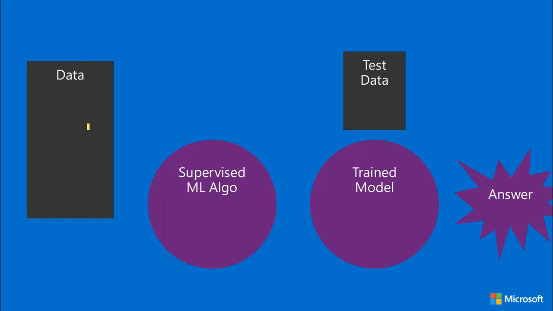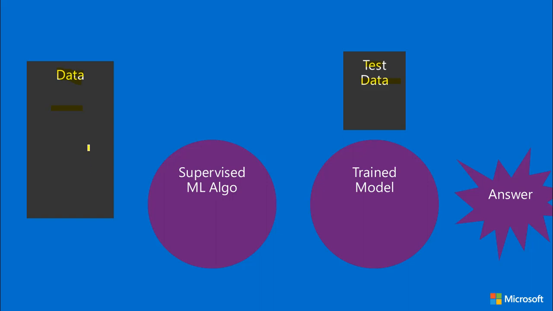Number one, the primary training data, and number two, the test data. We need both. This might be data for predicting the price of a car, or predicting the price of a house.